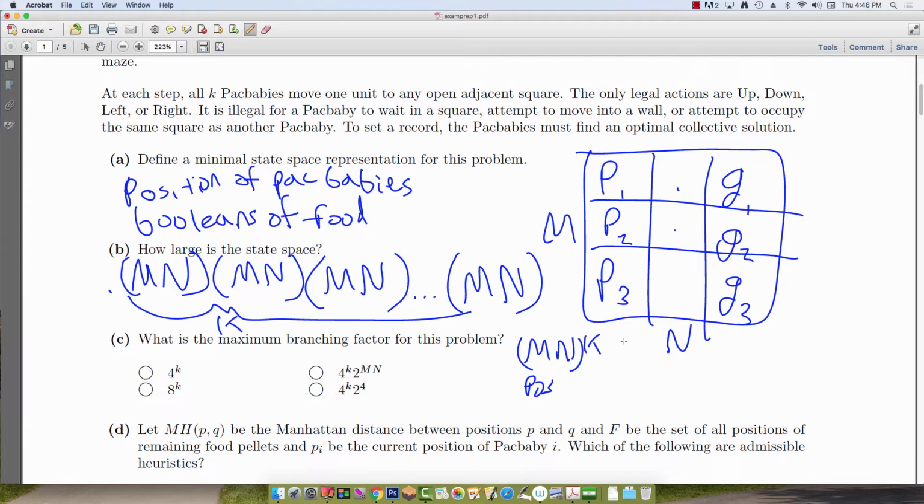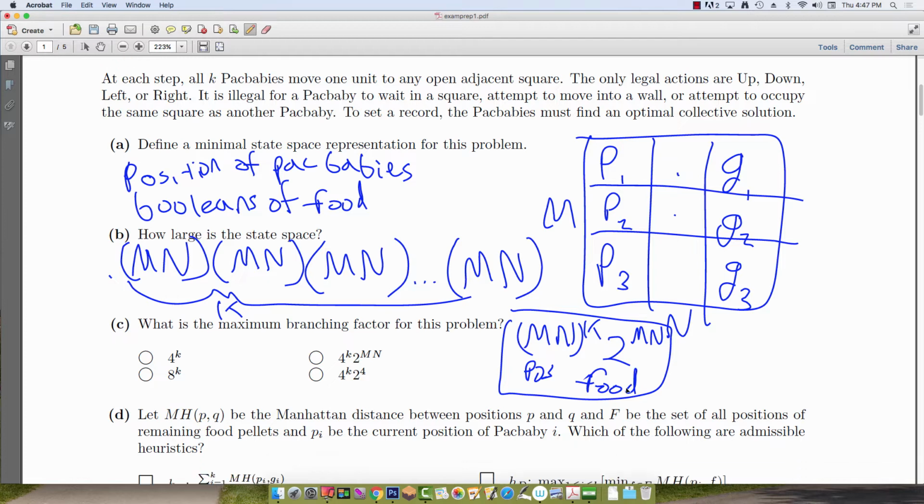Since there's a possible total of mn food pieces, we exponentiate 2 to the power of mn, because each of the Booleans could be true or false. So this would be our state space size. This left term corresponds to the position of the Pac-babies, and this right one corresponds to the food.